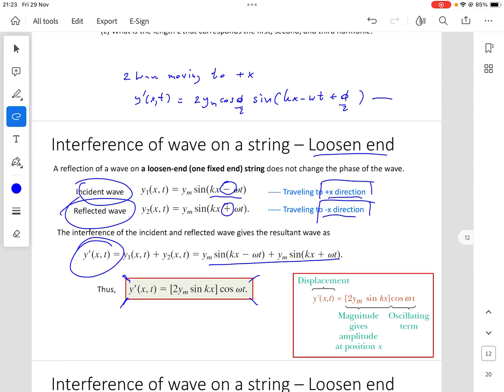This is for the case where the waves move in the same direction, and you can compare.